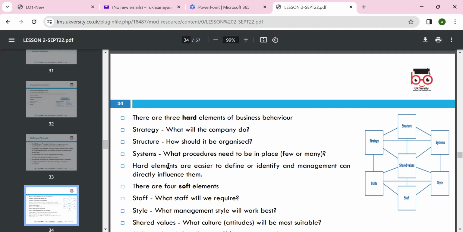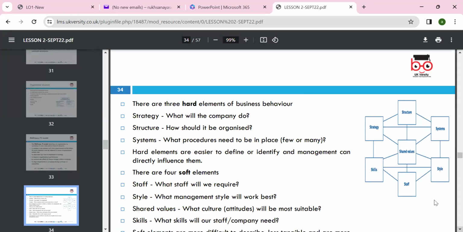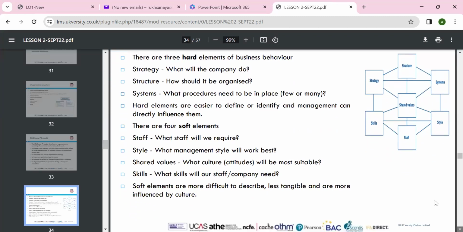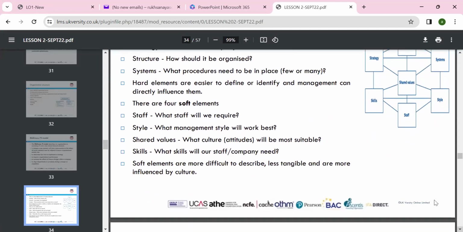Hard is easier to define, identify in the management, and directly influence. Soft implies the style we require, the shared values we require, and the skills we require. Soft elements are more difficult to describe and less tangible. Those are intangible, so they are quickly changed.